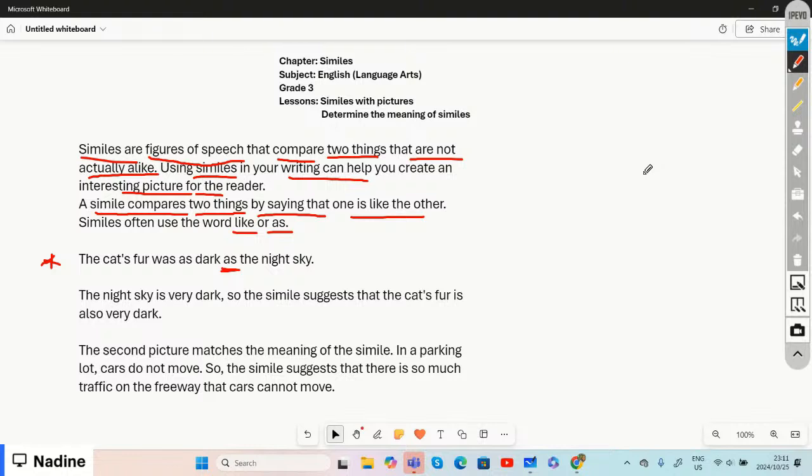If we look at examples of similes, remember we are comparing two things that are not alike, but we use words like or as to compare these two things. Because we are saying that the one is like the other, or we say one is as the other.